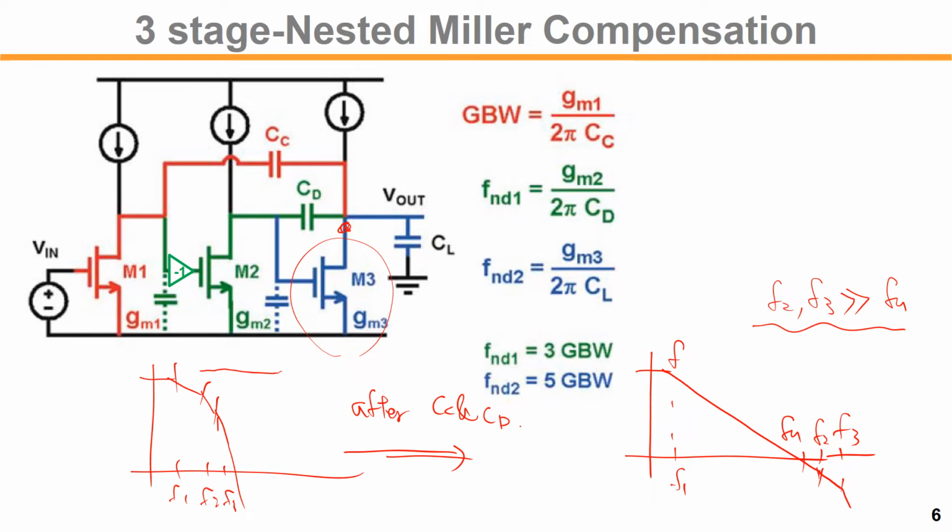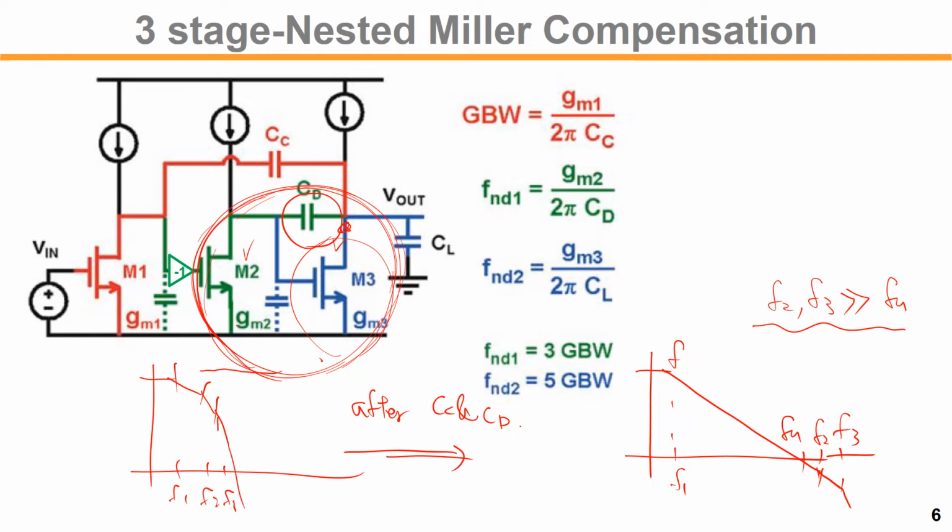You can think of the second and third stage as a single amplifier. If this second and third amplifier is fast enough, with a large bandwidth, then it behaves like a two-pole system, like a two-stage amplifier. Inside this amplifier we have a two-stage amplifier, so we add additional compensation capacitance to make it more ideal.